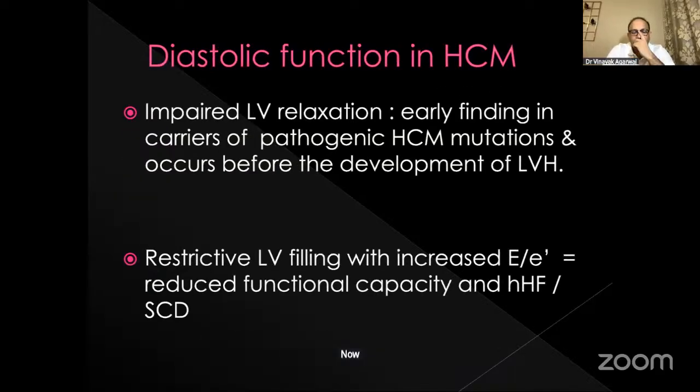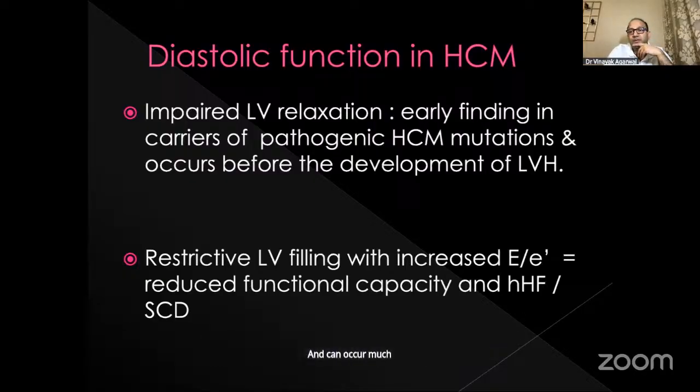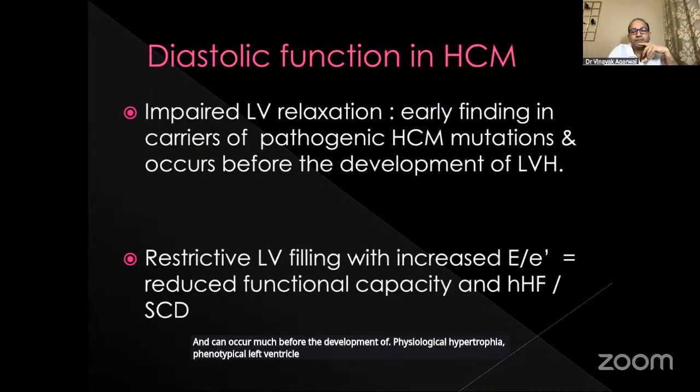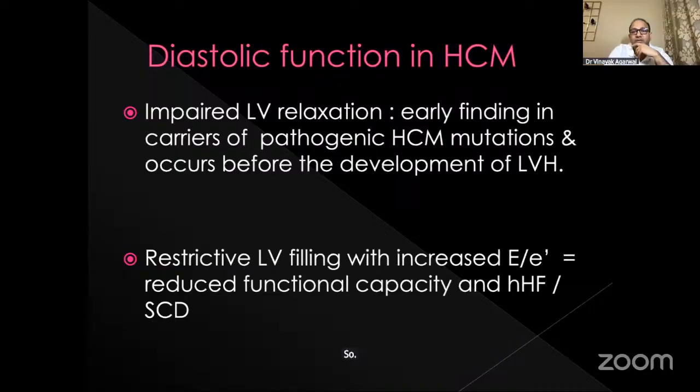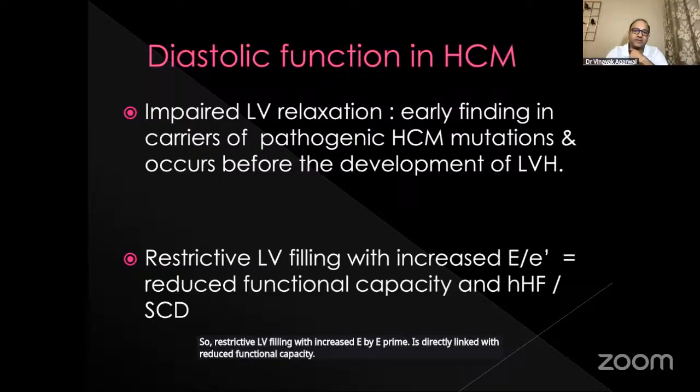Before I show the case, we must know that in diastolic function in HCM, impaired LV relaxation is an early finding, even in carriers of pathogenic HCM mutations, and can occur much before the development of phenotypical left ventricular hypertrophy. Restrictive LV filling with increased E/E prime is directly linked with reduced functional capacity, hospitalization for heart failure, and sudden cardiac death.